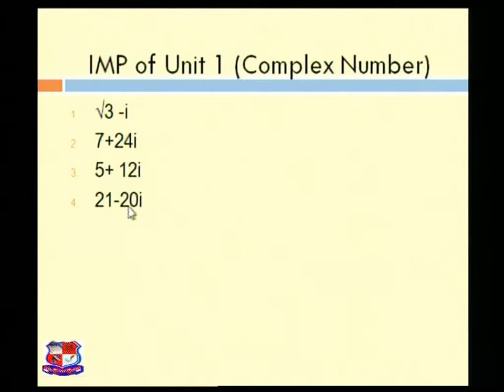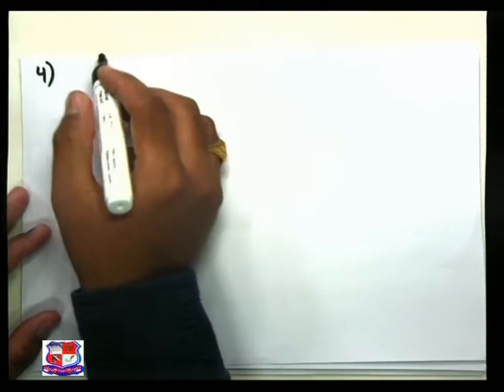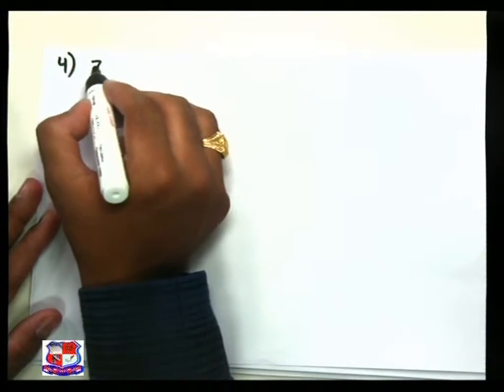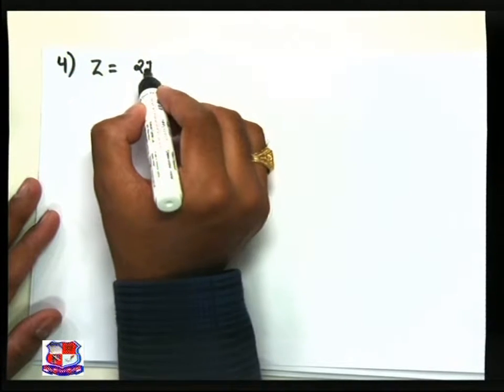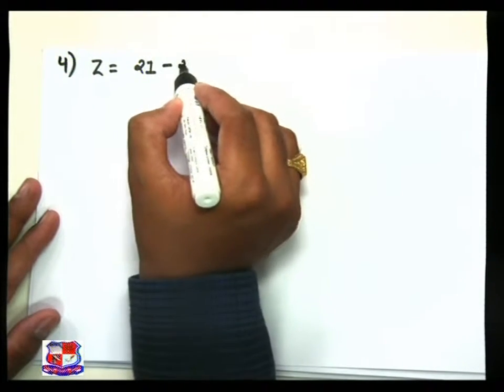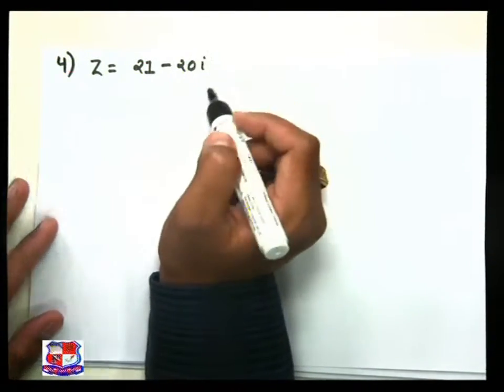Next question, that is 21 minus 20i. So we write down our question, fourth one, z value, that is 21 minus 20i.